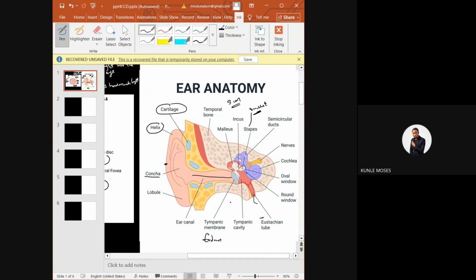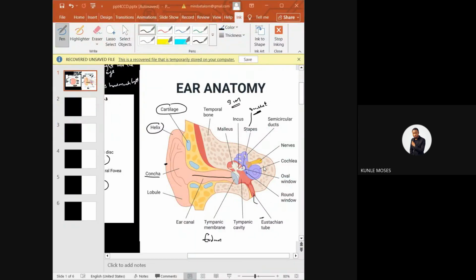So from the ear canal to the tympanic membrane, from the tympanic membrane to the bones in the eardrum, the stapes, the incus, the malleus, and this oval window, it is actually the end part of the middle ear, but it is the beginning of the inner ear. So we can classify the oval window as the inner ear.